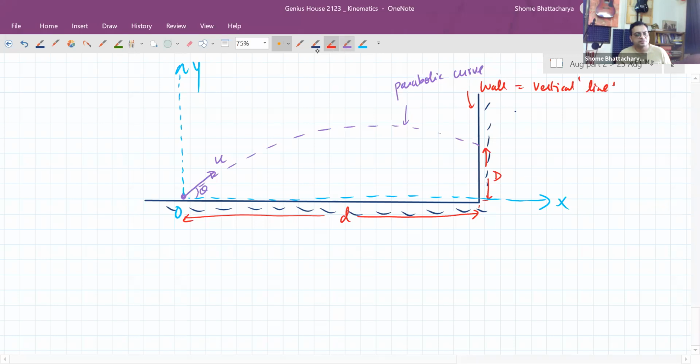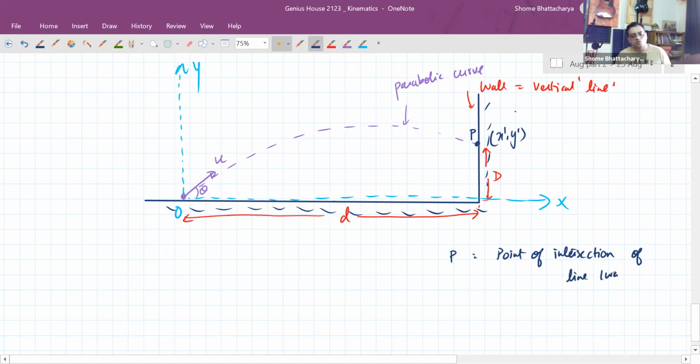Wherever it hits the wall, let's say the coordinates are some x prime and y prime. That point P is the point of intersection of the two things. So it's a geometry problem. We have reduced it to a coordinate geometry problem of the line, that is the wall, and the parabola, that is the trajectory.